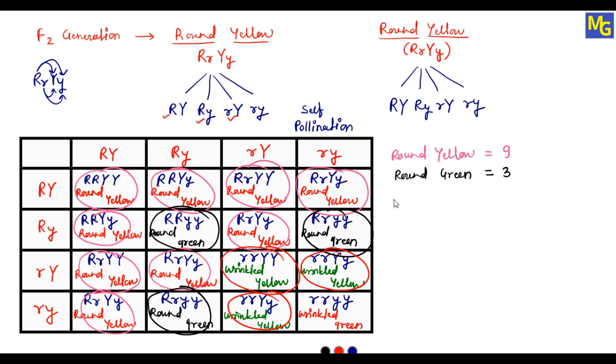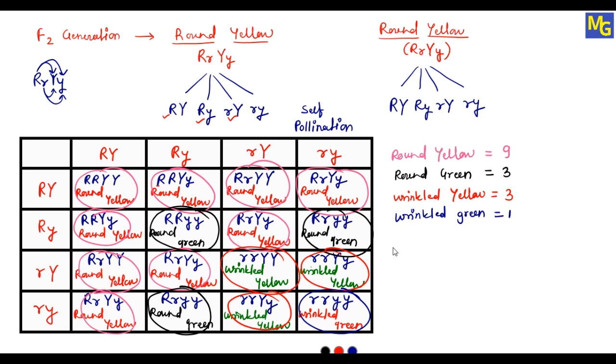So write down wrinkled yellow. How many we got? We got 3. And the last one, that is wrinkled green. We have only 1. So I'll write wrinkled green is only 1.